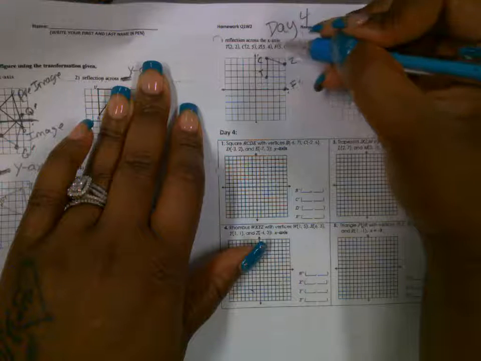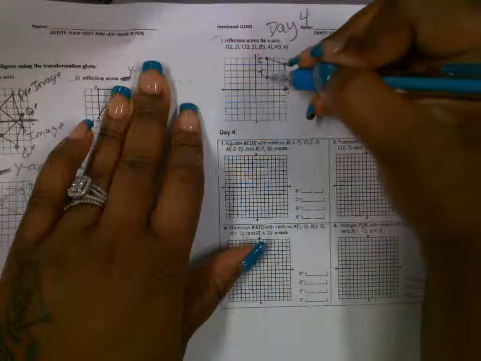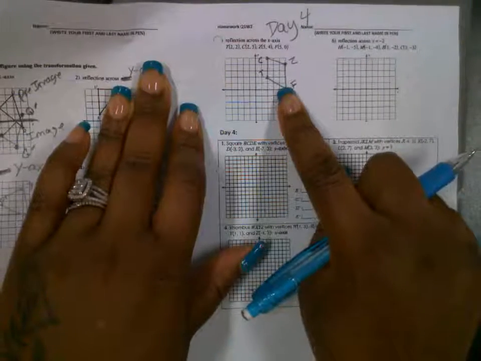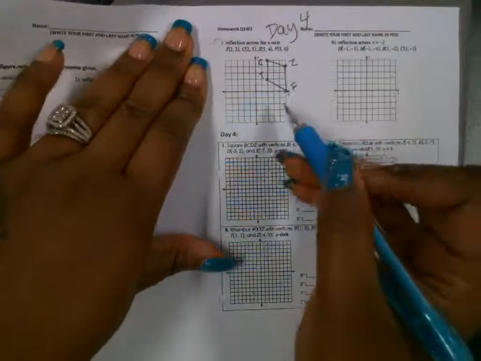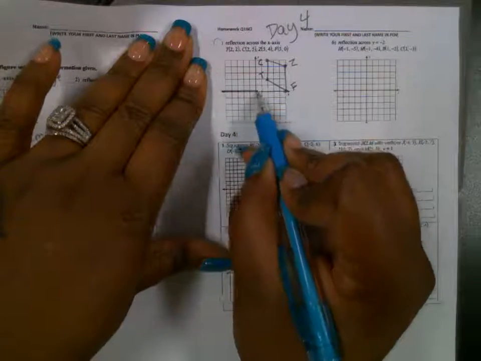Connect them in the order that they were written. This is my preimage. Has no tick marks. We're going to flip this one over the x-axis. So trace the x-axis.